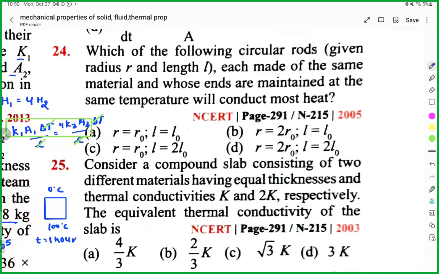A compound slab consists of two different materials, which have the same thickness and conductivities K1 and K2, where K2 is 2K1. Find the equivalent thermal conductivity of this slab.